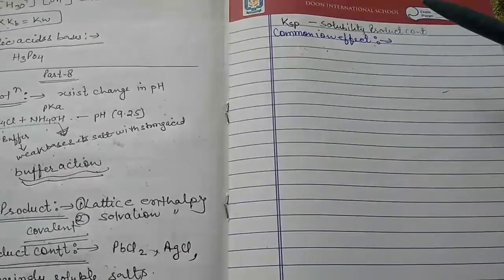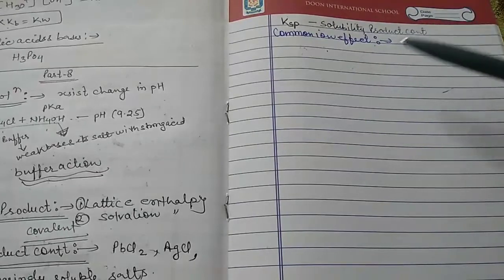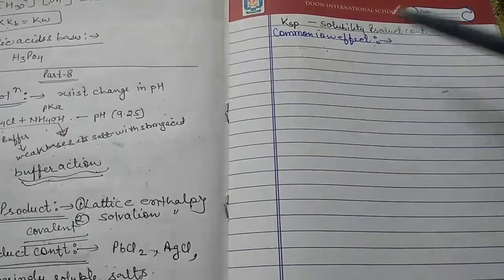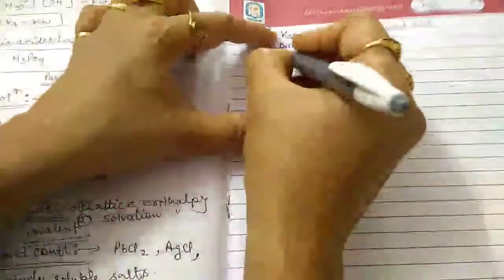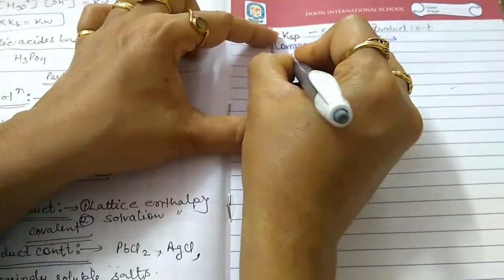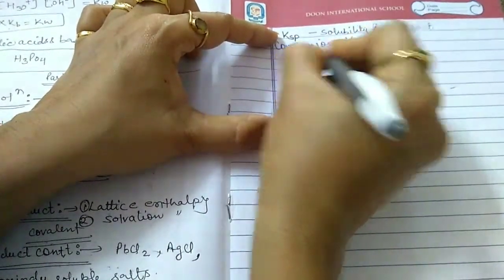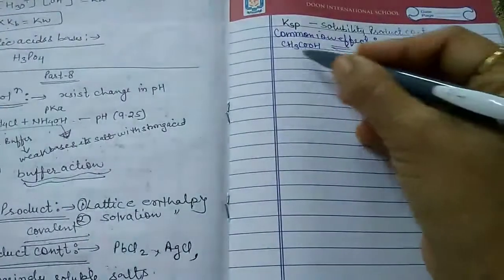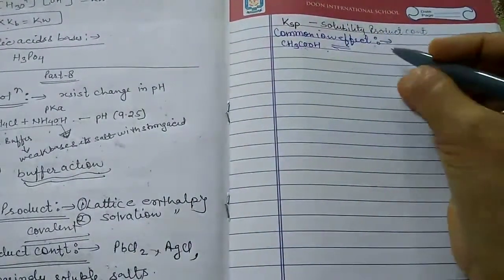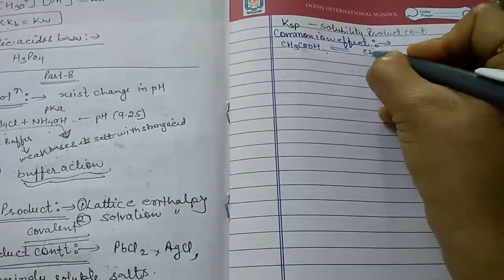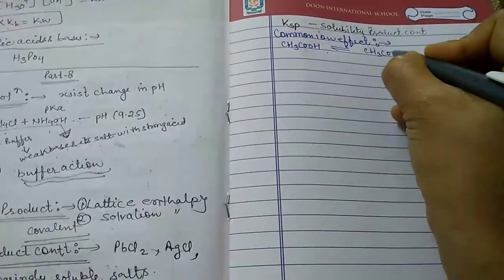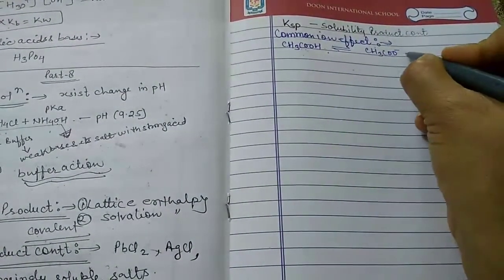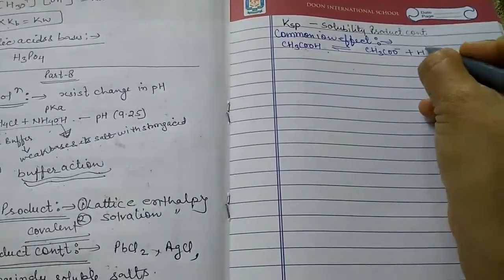Now let us consider an example where we dissociate acetic acid. This is the formula for acetic acid, CH3COOH, and this is the example of its dissociation. As the acetic acid dissociates, we get CH3COO- plus H+.